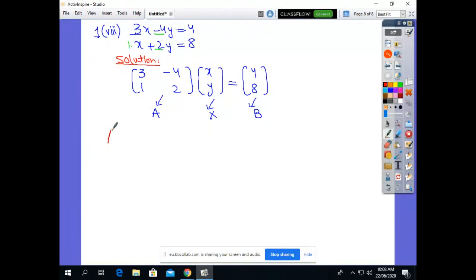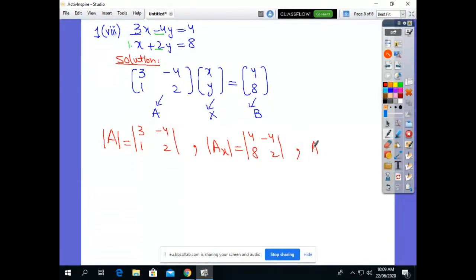First of all, find the determinant of the matrix A. Determinant of matrix A is 3, 1, negative 4, 2. Similarly, we write the AX matrix. In AX, instead of the x column, we write the values of matrix B, which are 4 and 8, and the other two elements are the same, which are negative 4 and 2.